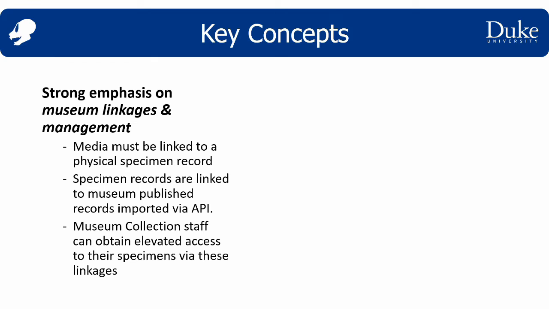That's a fundamental requirement. And specimen records are, whenever possible, linked to museum published records imported via an API. In other words, we don't create new records. We take essentially a linked record that's published by a museum. And finally, museum collection staff can obtain elevated access to these specimens and scans through those linkages.